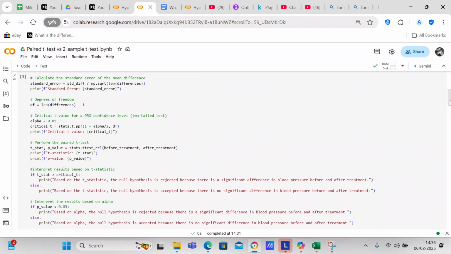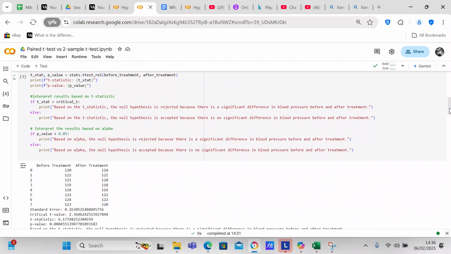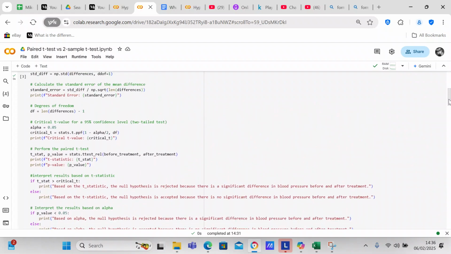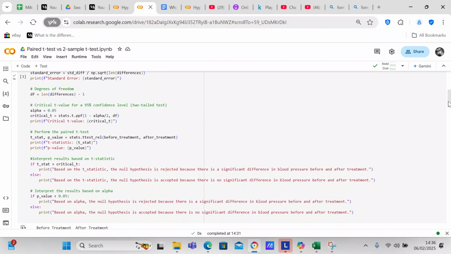You're going to calculate the standard error of the mean difference: standard error equals std diff over np.sqrt(len(differences)). Then we print the standard error, and it is going to be 0.26. Then we calculate our degrees of freedom: df equals len(differences) minus 1.